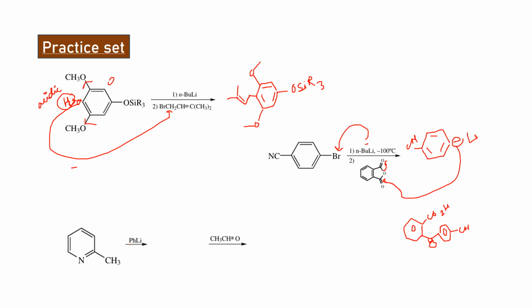Next is this one. What will happen if you add this phenyl lithium to this 2-methyl pyridine? From the previous species you have seen that the proton has been abstracted from the aromatic ring. Now there is an option of an aliphatic proton also. As the pyridine ring is highly electron deficient, if there is an sp3 carbon attached directly to the ring, then there is a probability of taking this sp3 proton instead of the aromatic proton.